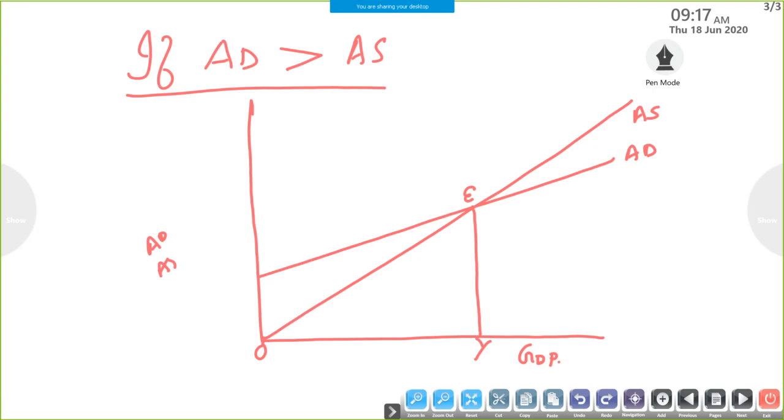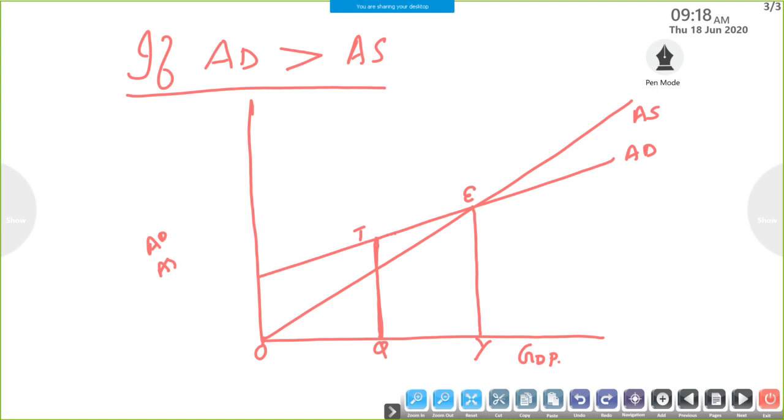Then which situation do we need? AD is greater than AS. AD is greater than AS means this side. See here, the AD line is above the AS line. This is the AD line, this is the AS line. So somewhere we can give, suppose I am giving line TQ. Line TQ shows that now the economy's total expenditure, or total demand, is more than total supply or total output.